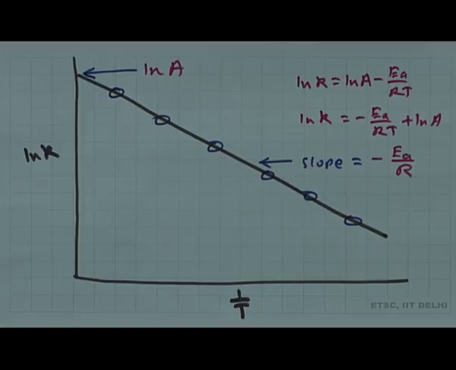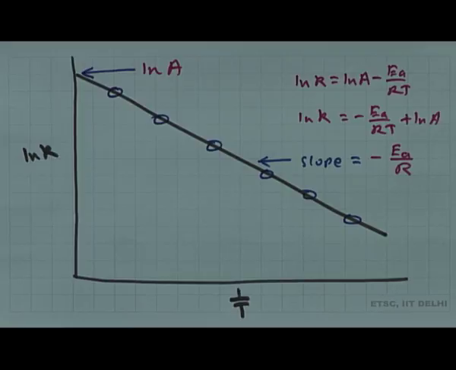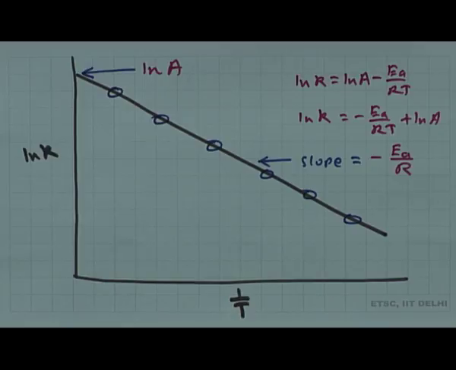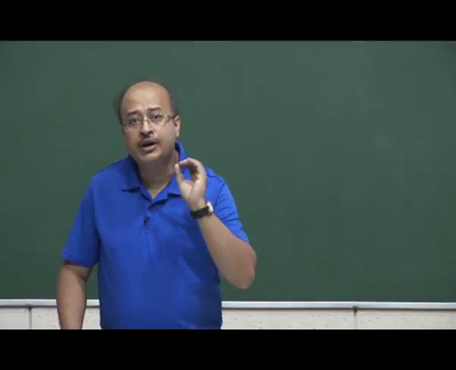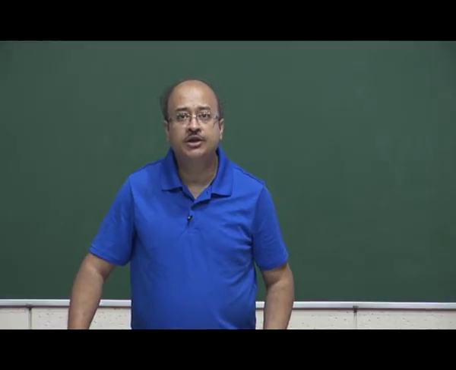Depending upon EA the slope will either increase or decrease. That tells you how sensitive a particular reaction is to temperature. When you change the temperature, this slope or EA will determine the degree to which the rate of reaction will be affected.